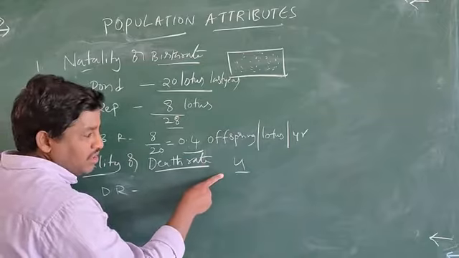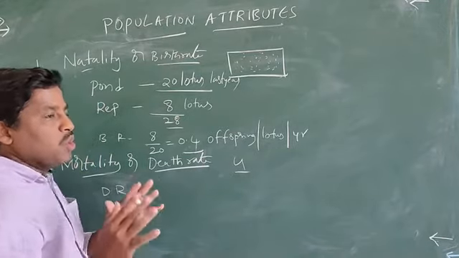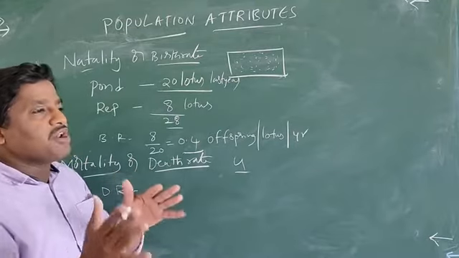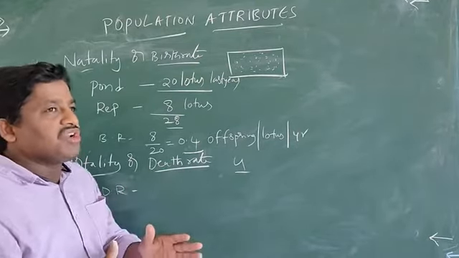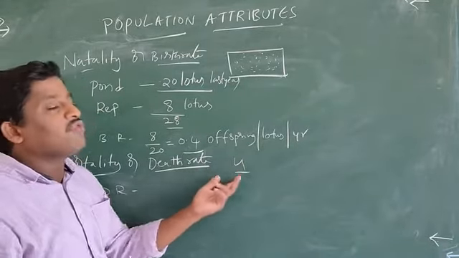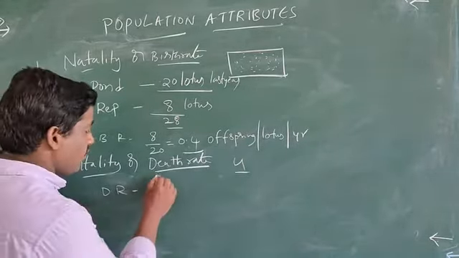So in a laboratory condition, the total fruit flies are 40, and 4 died out of 40.